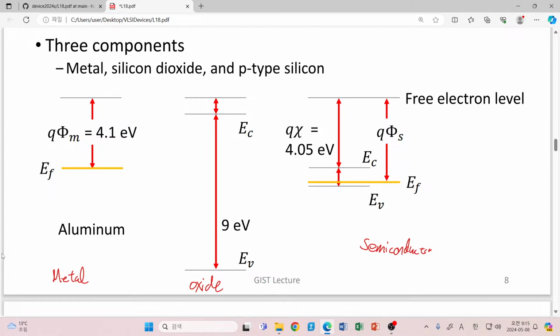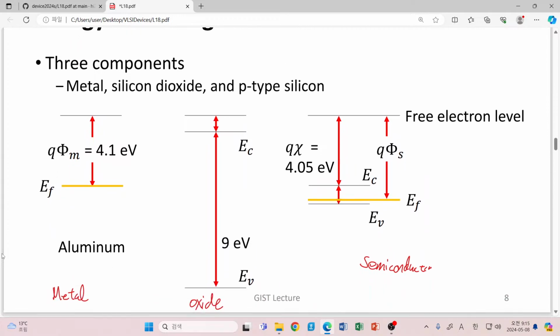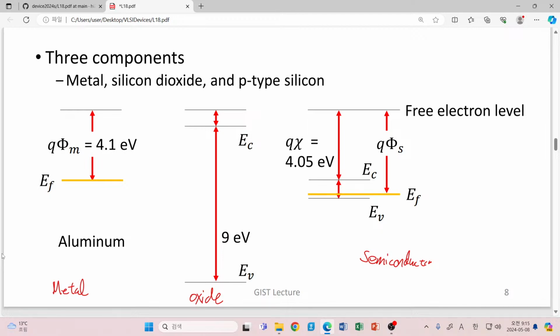So they have different band structures, and therefore we need some rules to connect different materials. So it is important to understand this one. So please have a look at these components individually: metal, silicon dioxide, and p-type silicon. So let's just say that they are not connected to others, so consider an isolated metal, isolated oxide, and isolated p-type silicon. Okay, so if you have any question, then please let me know.